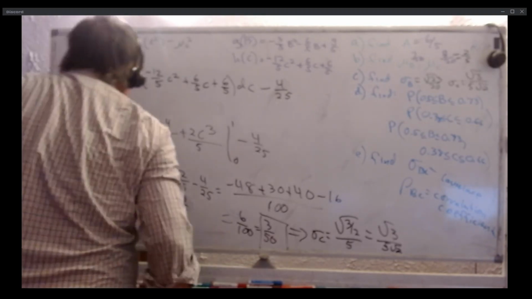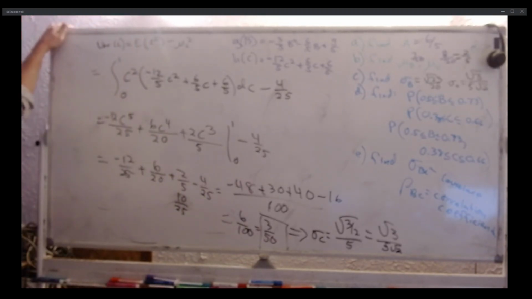Any questions? Nope. I'm good. Okay. Let's find the probabilities. Those are just double integrals, okay? And then we'll find the covariance and the correlation coefficient. I'll show you how to do that. Sound good? Yes. Ready to roll?